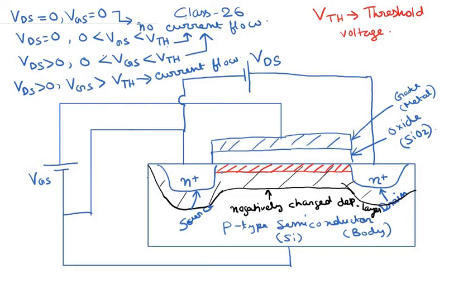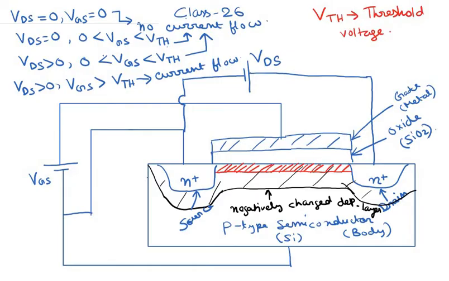Now if we keep on increasing VGS once we cross the value of VTH, then the number of mobile electrons induced at the surface, that is in this layer, would increase, because increasing VGS increases the electric field and more electrons are attracted towards the surface.